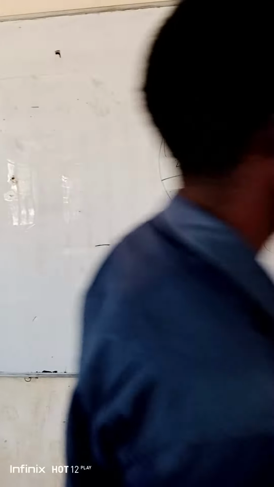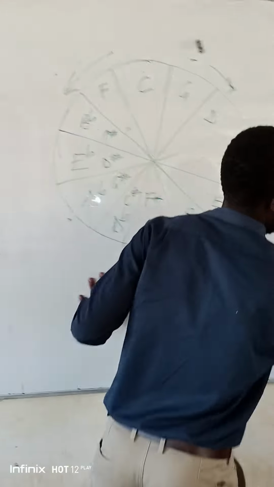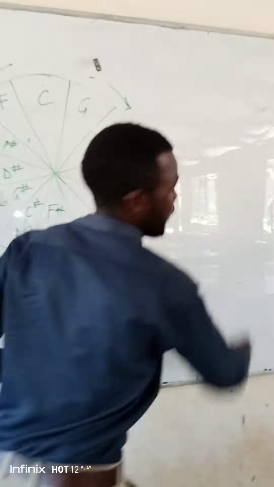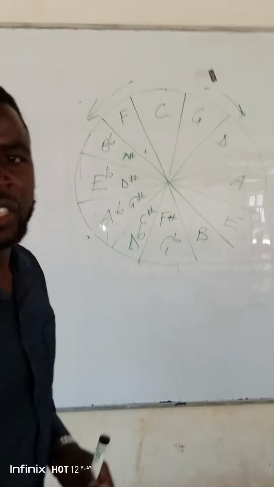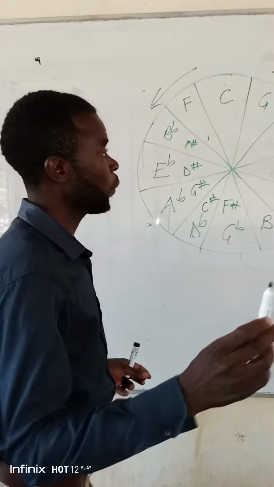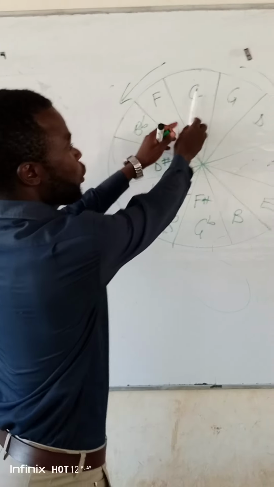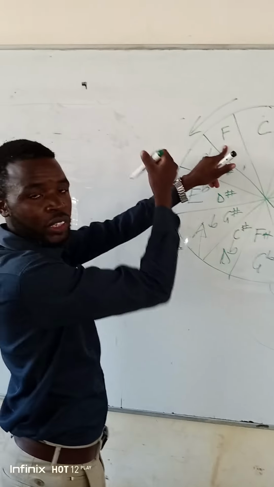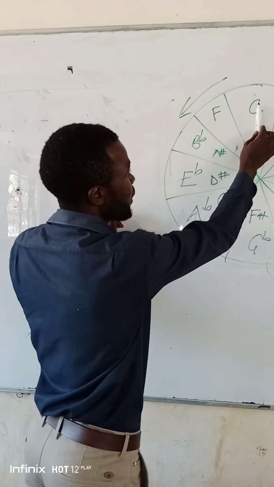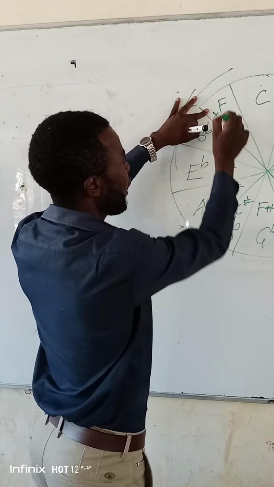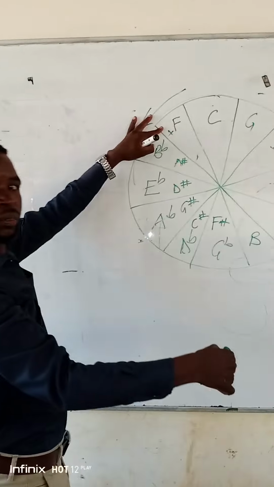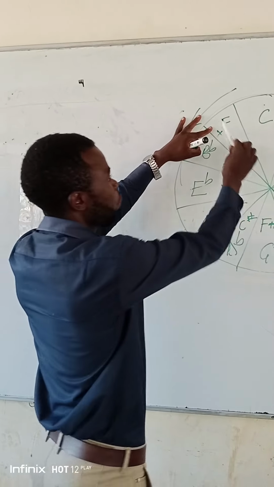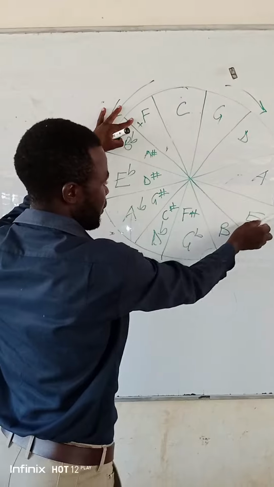So I'm going to play and show you here. If I want to get the scale of C, this is what I'm going to do. I will stand at position C, then move a step towards this, a step. So I'll say 0, 1. Then I count 7 in the clockwise direction: 1, 2, 3, 4, 5, 6, 7.